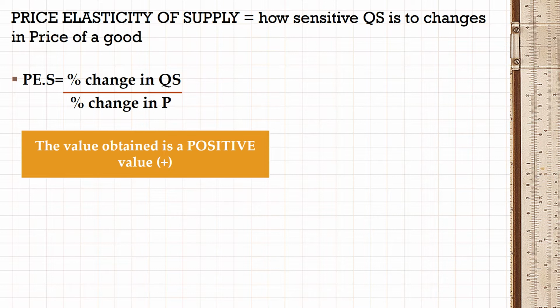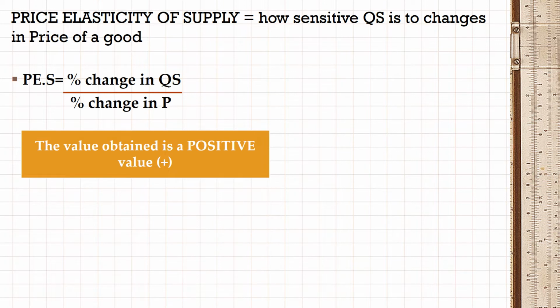So, it refers to how much quantity supplied is sensitive to changes in price level. For example, when the price of a good increases or decreases, how easily or how quickly can the suppliers react to these changes.